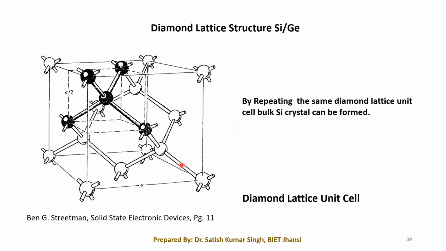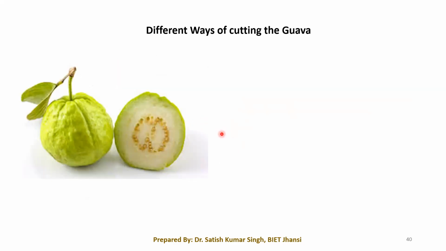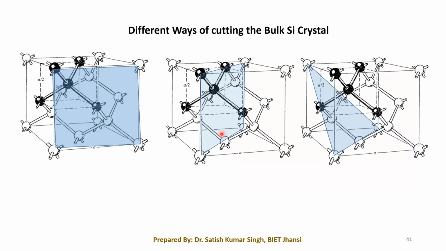Because within this bulk silicon crystal, we have this particular orientation of the atoms. Now let me assume I have this particular unit cell, though this unit cell is very small compared to the bulk crystal. Remember this point, because this is just a unit cell and this is your lattice constant.